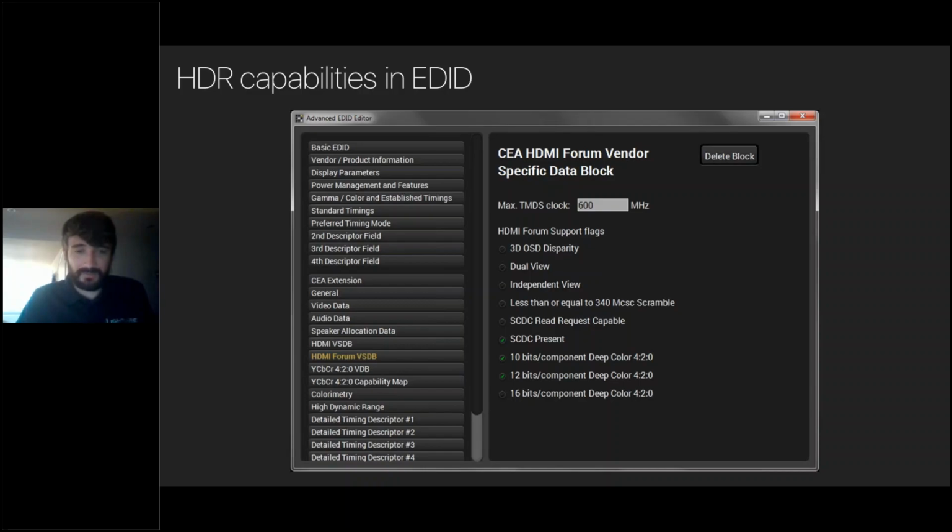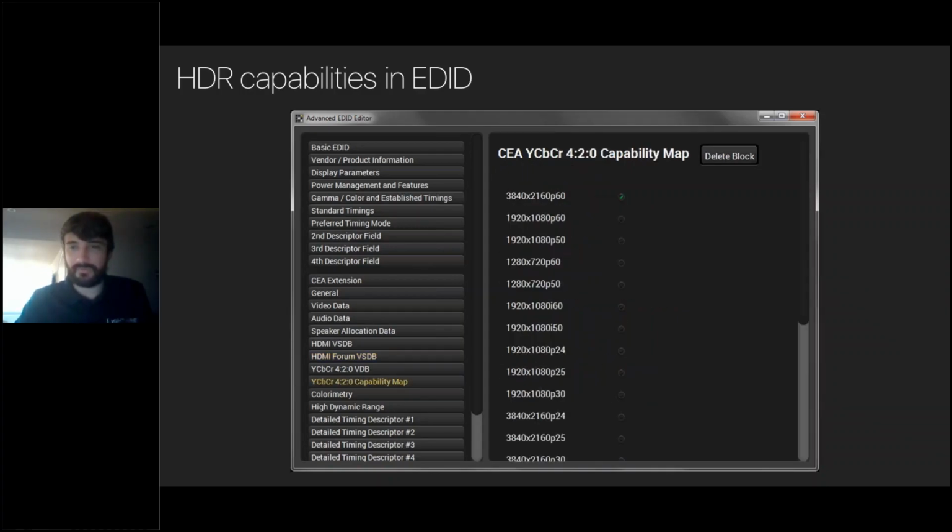You can actually see on here the SCDC present. That's also an important feature generally for HDMI 2.0, so that's always worth having. And the 4:2:0 subsampling is also indicated in the EDID. So to summarize, try not to mess with the EDID. It's best to dynamically emulate the EDID of the display that you want to use to get the best results.